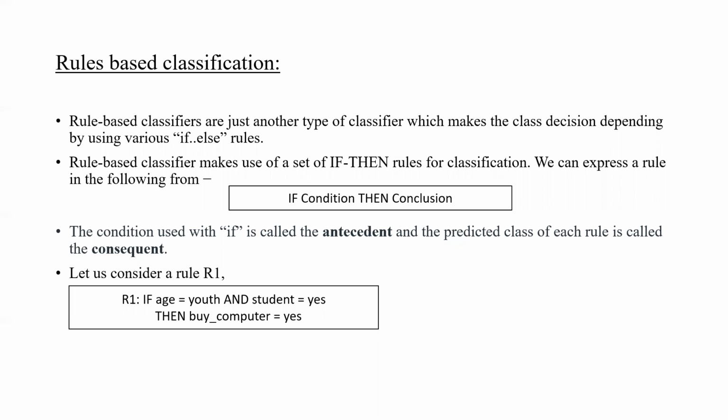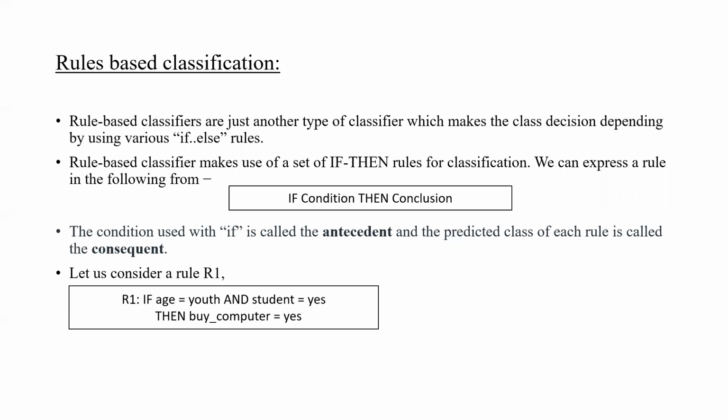To better understand this, I'll give an example. Let us consider a rule called R1: if age equals youth and student equals yes, then buys computer equals yes. Here we need to look for the condition and the conclusion.